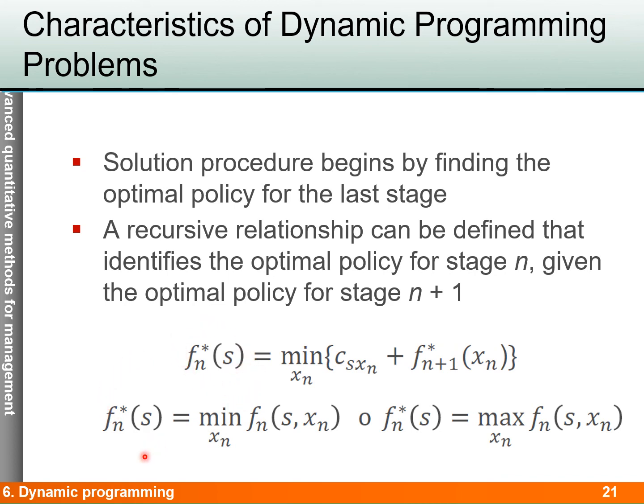As you see here, this optimal solution could be minimum or maximum. In our case of the stagecoach problem, we were searching for the minimum cost. It was the formula of that.